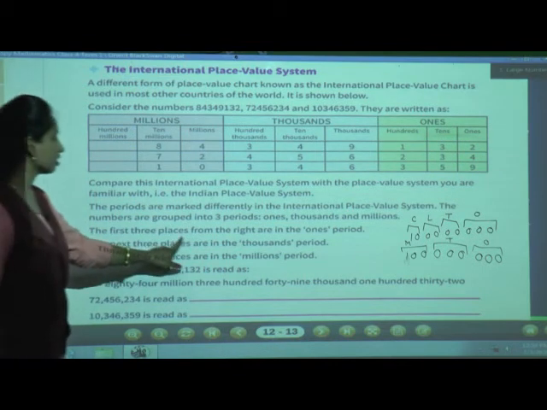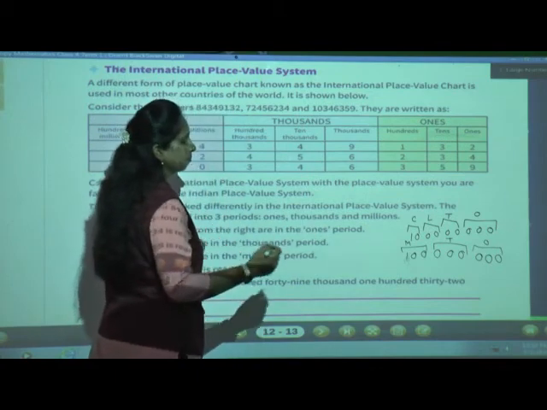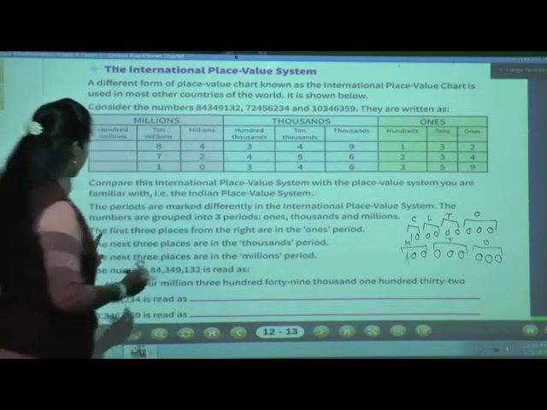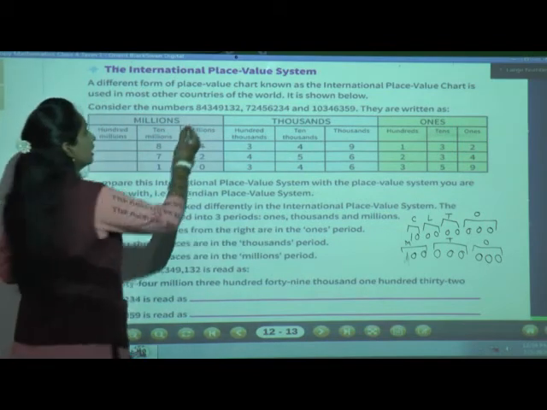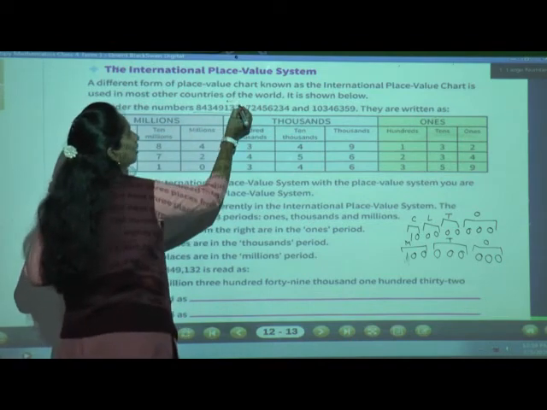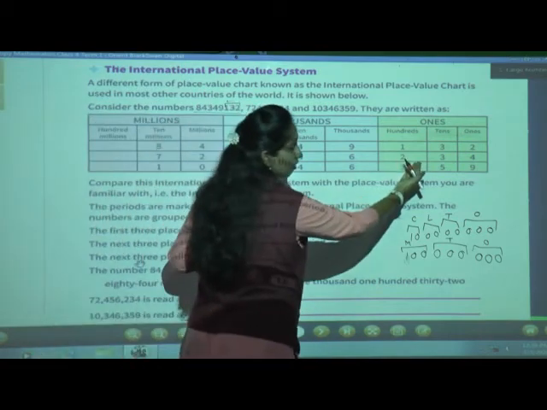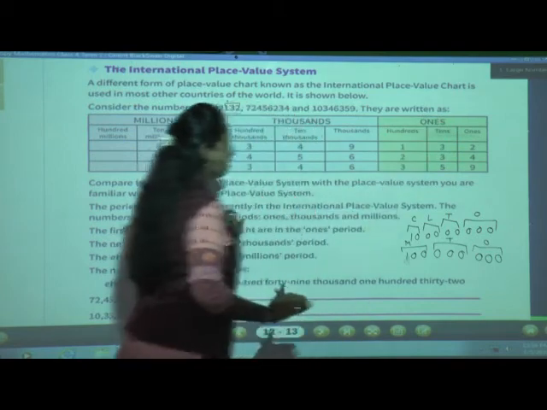Okay, the first 3 places from the right side are ones. Okay, see, I'll show you with the first example. What they said, the first 3 places from the right are the ones period. Now in this question, from right, these 3 places, that is 1, 3, 2, you can see they will go in ones period.